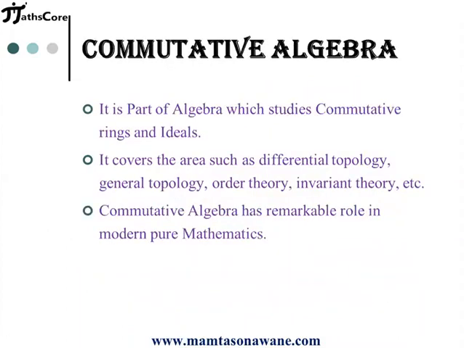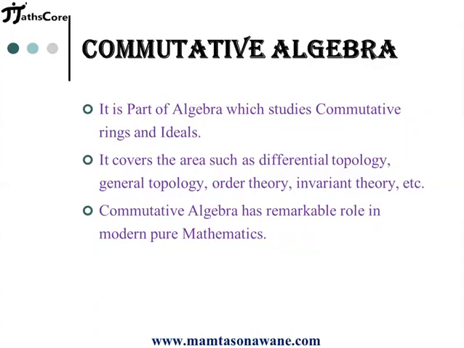Now, the next type of algebra is commutative algebra. This commutative algebra is a part of algebra which studies commutative rings and ideals. So what are commutative rings and ideals? These are very high level concepts which you will not understand now, so I will not explain anything else related to commutative rings and ideals. When you go to the graduation level, then you can get understanding or knowledge about commutative rings and ideals.